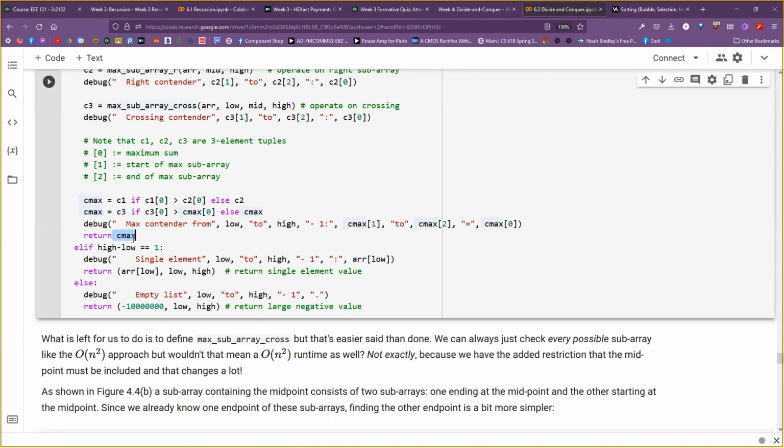Return C-max. Tapos meron lang tayong mga base case dito. Siyempre, pag isang element lang yung array, isa lang yung possible na sagot. So, pag single element, yung maximum sub-array lang na, isang element, kung sino man yung low or high, depende dun sa gusto. Pareho lang naman kasi high minus low plus 1.